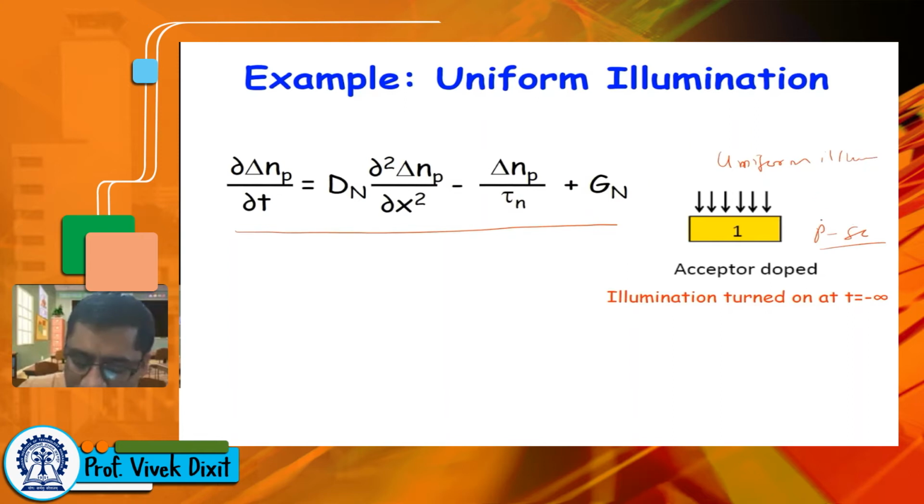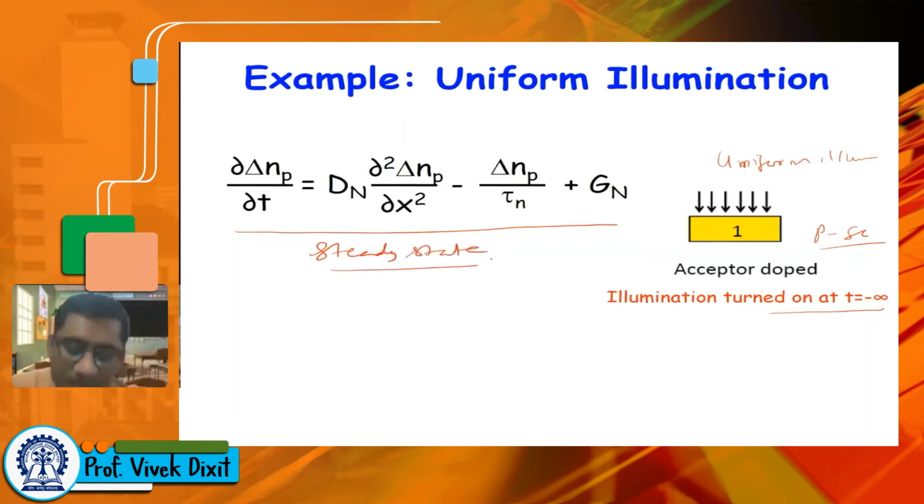Let's say this illumination is turned on at t equal to minus infinity. That means right now it is in a steady state. So what will be the carrier concentration?